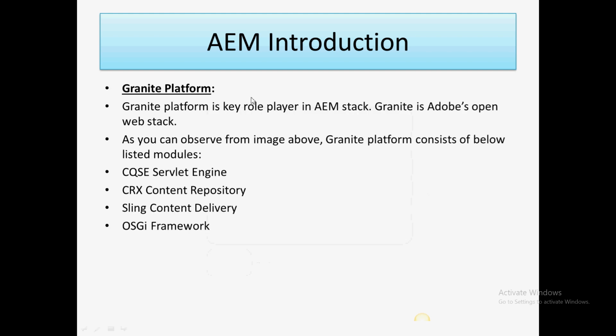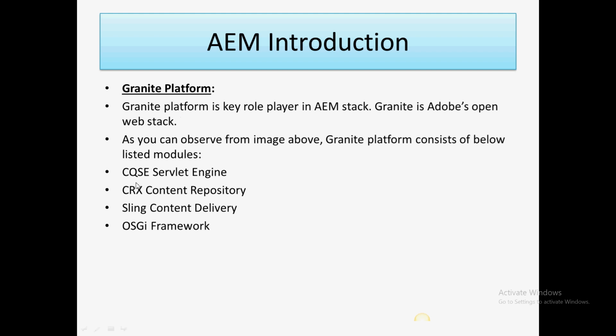If we talk about the main package which contains everything, this is the Granite platform. Granite platform is a key player in the AEM stack, and basically it is Adobe's open web stack. This web stack contains everything. It contains your OSGi, your JRE, your servlet, Sling, then modules.